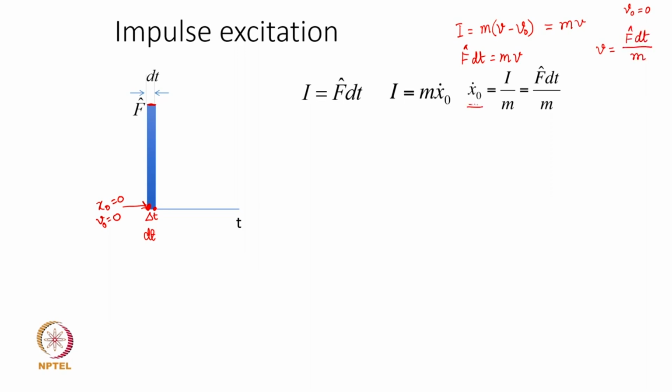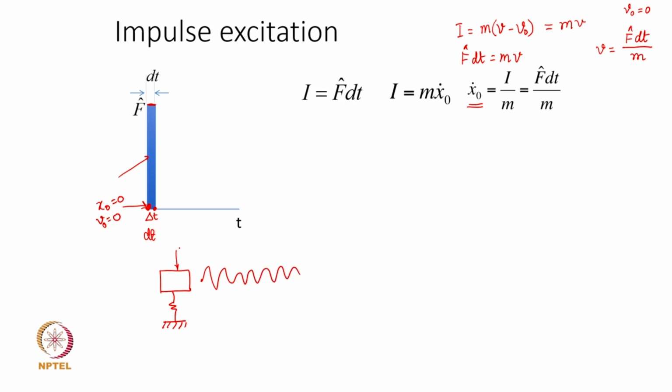So, I have the value of the velocity after the impulse ends as the initial condition for the system to vibrate. Now, imagine that there is no other excitation except this single impulse. Okay. So, to a vibratory model, if I ignore the damping to start with, what I am interested in is, if the impulse acts on this mass, what is the ensuing vibration response.